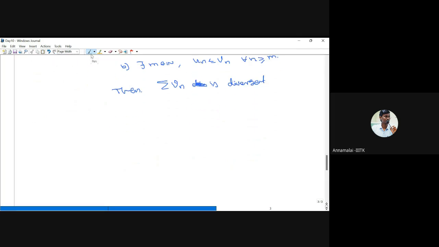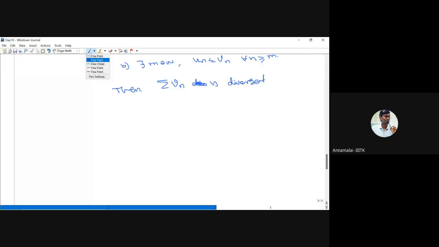Suppose we have two series, summation un, whose terms are non-negative, and summation vn, whose terms are all positive. Take the quotient of the nth term of one series and the nth term of the other, and take the limit as n goes to infinity.